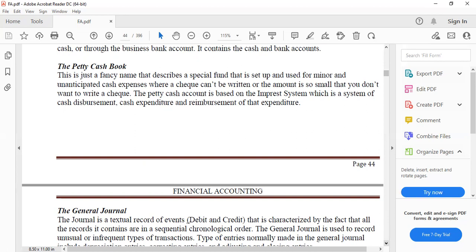You see, those expenses that keep on recurring, there must be some cash to take care of them, which does not necessarily have to bring the inconvenience of going to the bank, withdrawing, writing a check, because they may even be immediate. Therefore, petty cash is recorded in a petty cash book. We shall look at the nature and the format of each and every prime book as we continue.